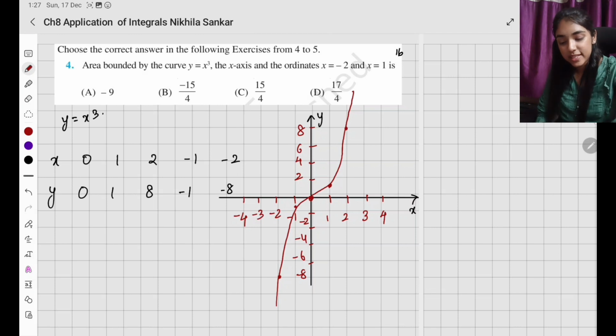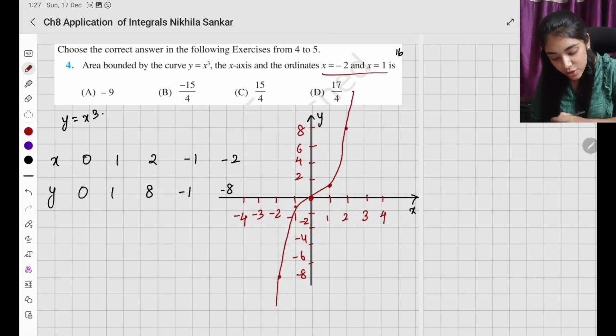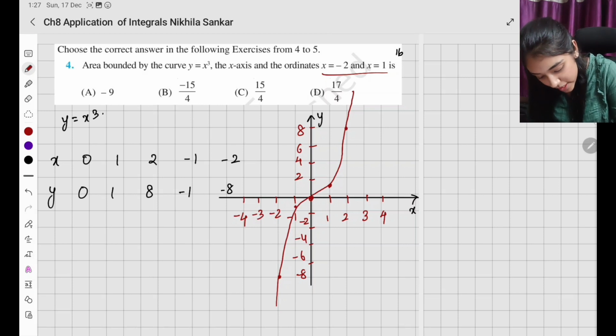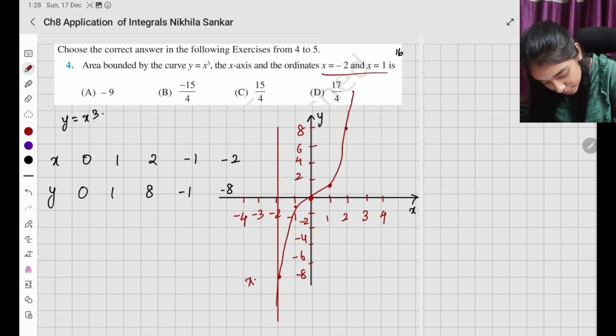This is the y equals x cube graph. And what are they asking? The ordinates x equals minus 2 and x equals 1. So where is x equals minus 2? It is going to be this, so this line is going to be x equals minus 2. And where is x equals 1? This one. So x equals 1.